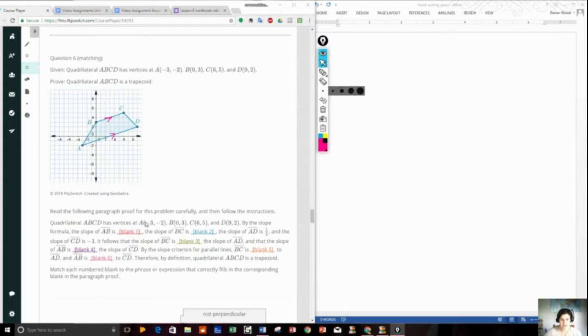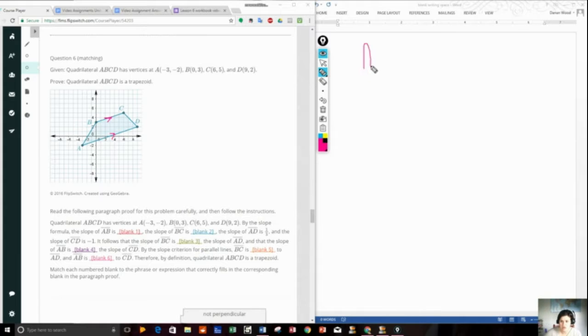Quadrilateral ABCD has vertices at A, -3, -2, B, 0, 3, C, 6, 5, and D, 9, 2. By the slope formula, the slope of AB is blank. Okay, let's find the slope of AB.